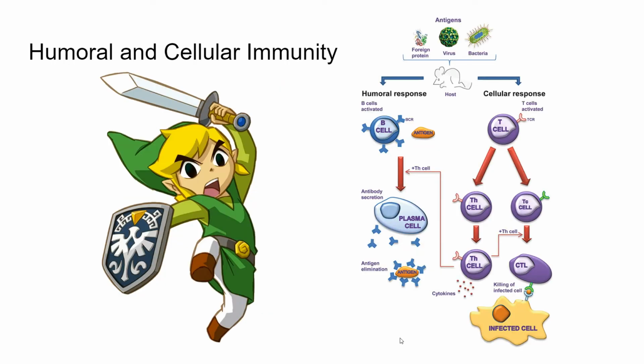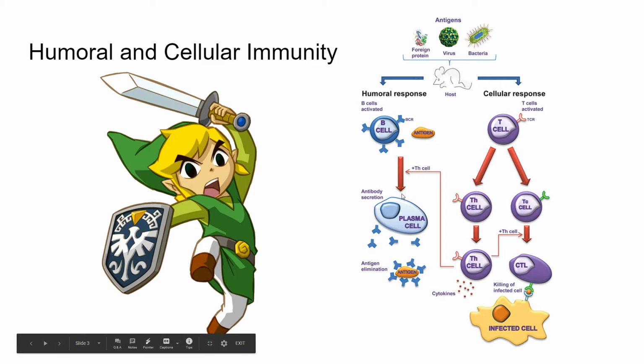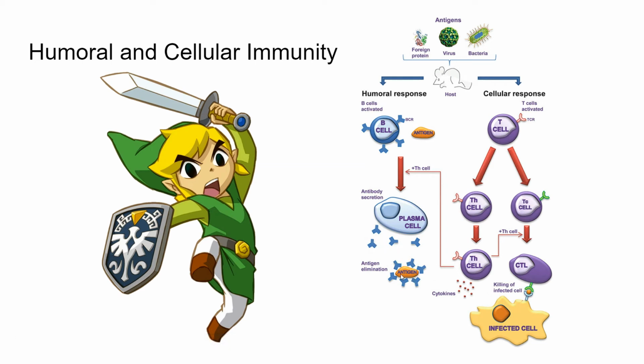I'm going to just generally define these, and then each one of these, humoral response and cellular response, is going to get a specific video. Humoral immunity deals with the production of antibodies, and again, we'll talk more about antibodies in a later video. These antibodies are produced by B cells. You can see this picture here. The antibodies are these little tripod-looking things, and they attach themselves to the bad guy and basically flag them for destruction.